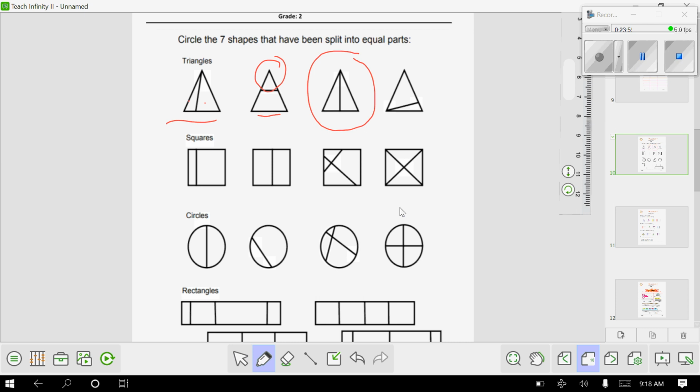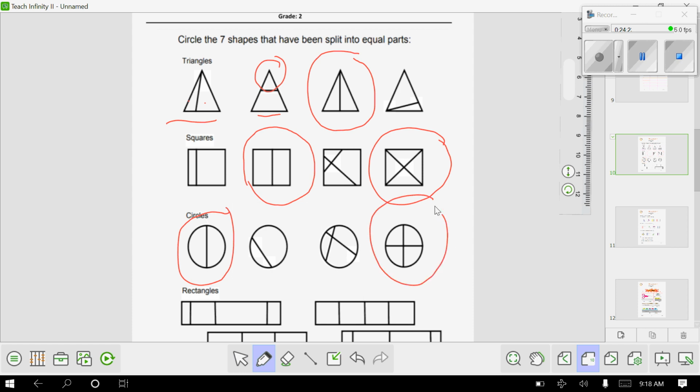For the squares, if I want to split the squares into 2 equal parts, yes, excellent. Here it is. We have equal parts. And here also we have equal parts, and they all represent fourths. And for the circle, here we have equal parts, and here we have equal parts.